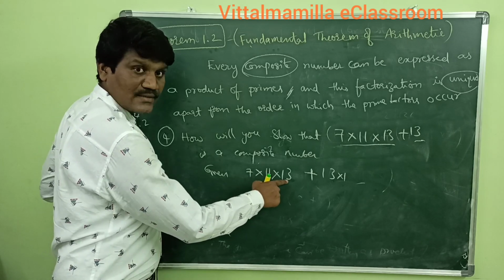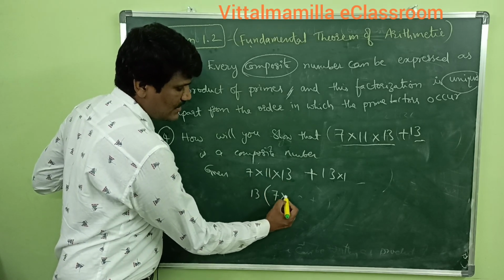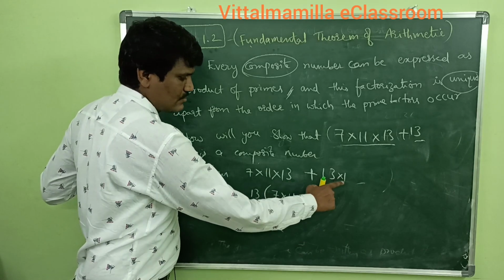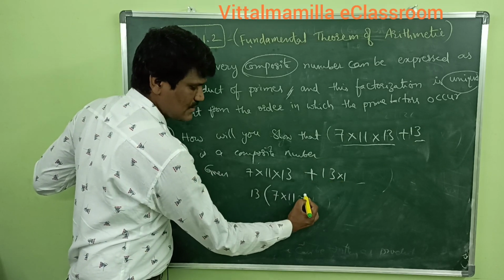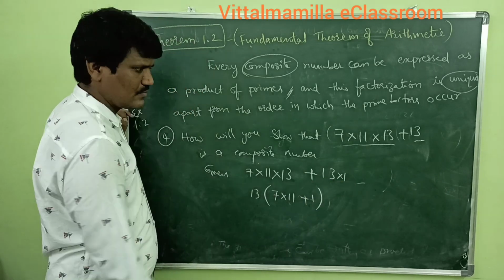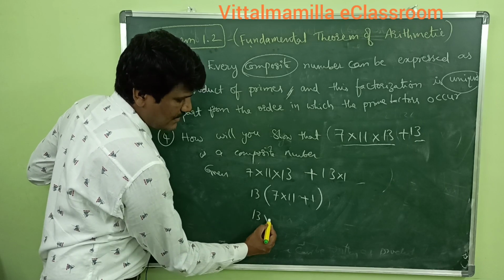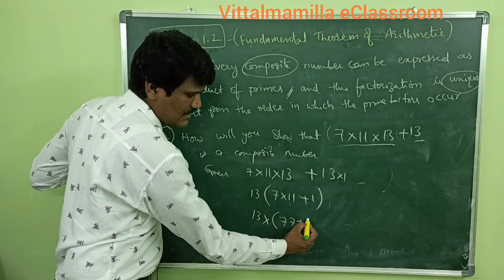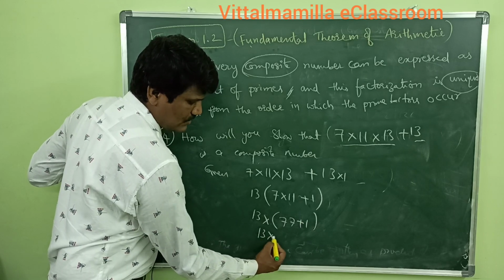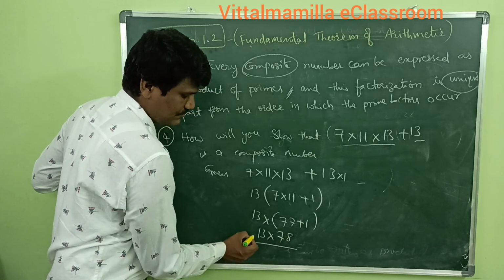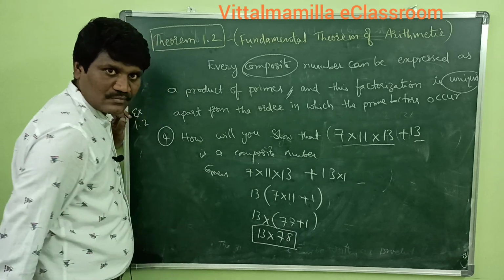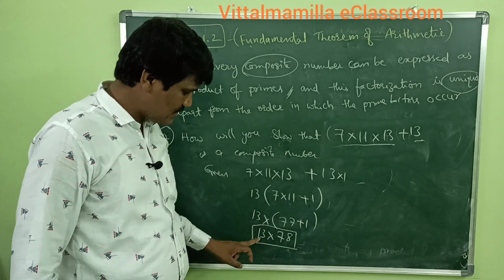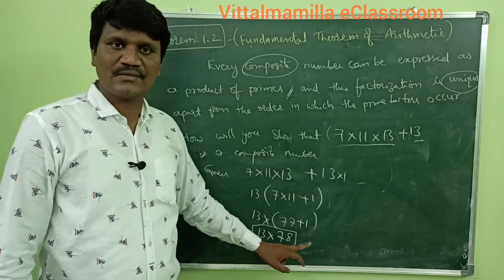If I take 13 common, it remains 7 into 11 here, plus 1. So 13 into (77 plus 1) is 13 into 78. Don't multiply now.